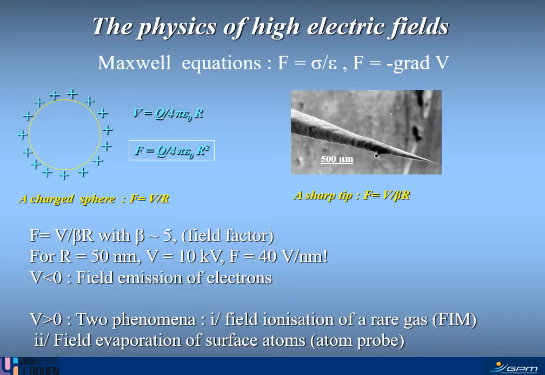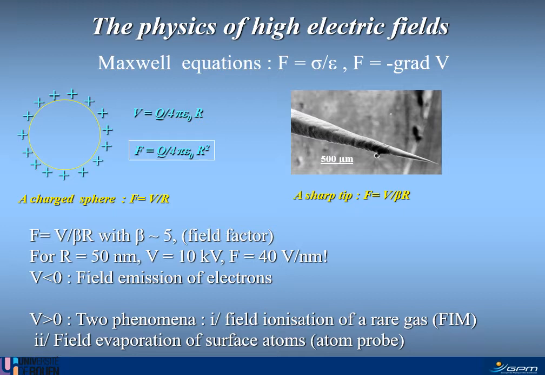Instead, in the field ion microscope and in the atom probe, the two instruments that we will discuss, for V positive, you will have two phenomena that are exploited. First, this high positive voltage will produce field ionization of a rare gas. If you introduce a gas in the analysis chamber, you will have this ionization, and using this process you will be able to produce an image.